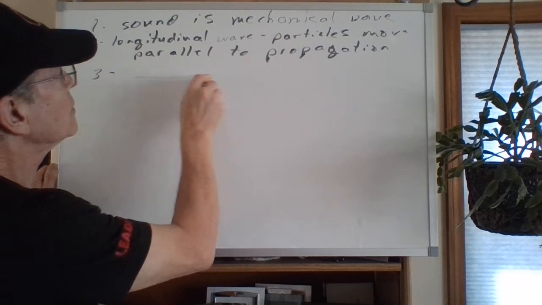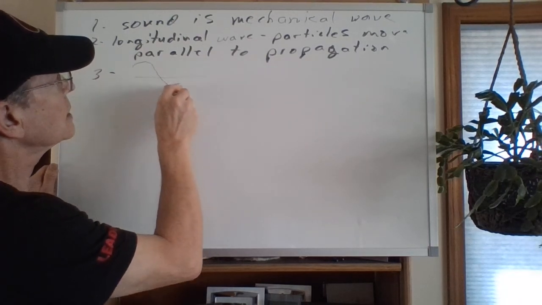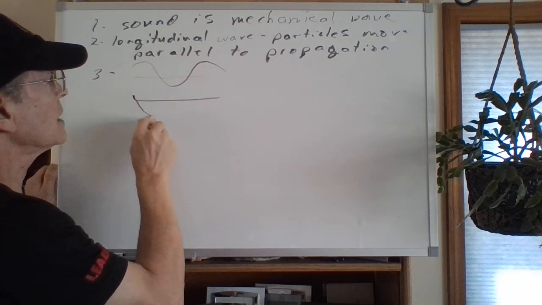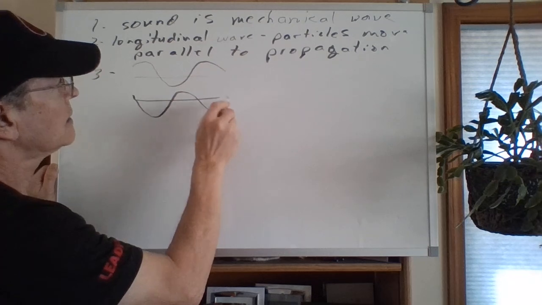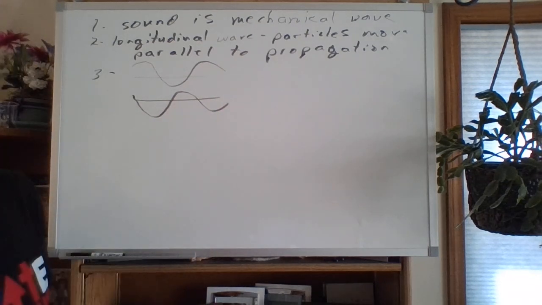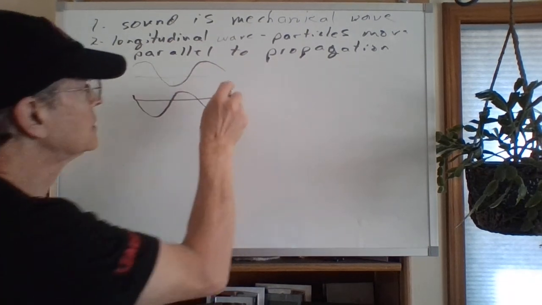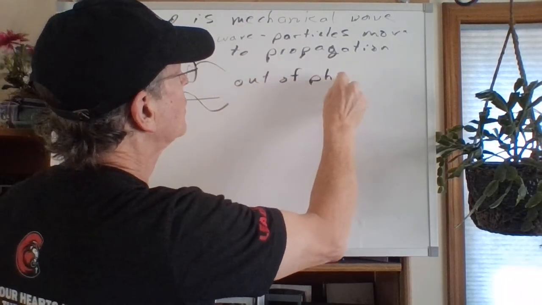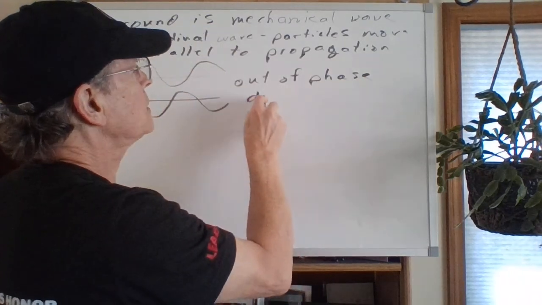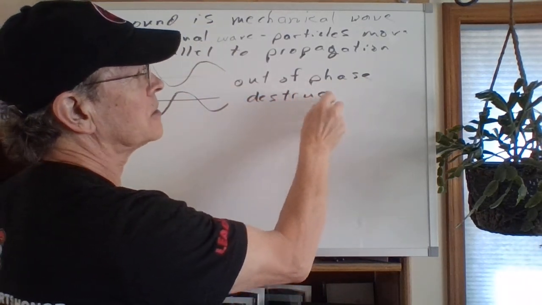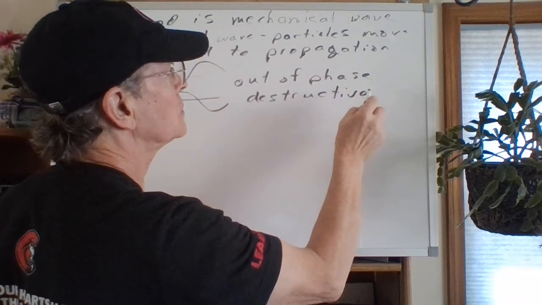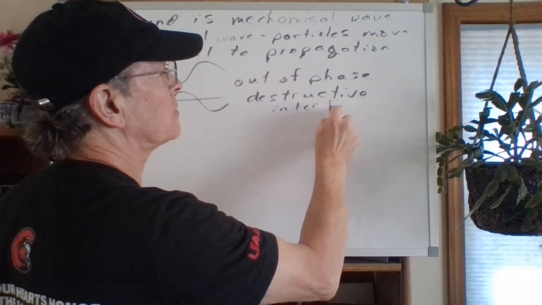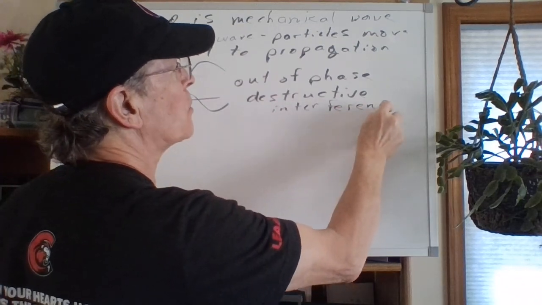Number three, describe the relative phase and interference of these waves. Well, if this wave is cresting and dropping, but the wave below it is doing the opposite, they call that destructive interference, or out of phase. They don't really destroy each other, so it's kind of not a good word to use. Destructive interference, they don't interfere with each other either. That's the weird thing about waves.